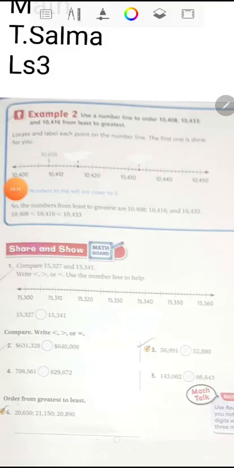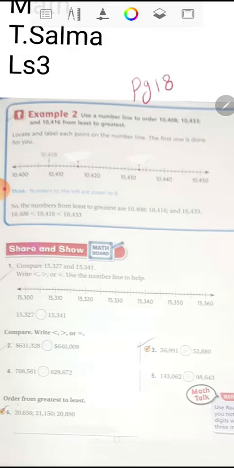And you remember last year we talked about how to compare numbers according to number line, and I told you if you have a number line like this in page 18. Okay, now we are talking on page 18.